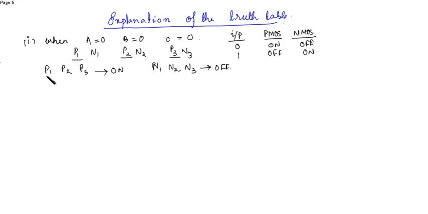If the MOS turns on, then it's represented by a short circuit, and when it turns off, it gets open circuited.